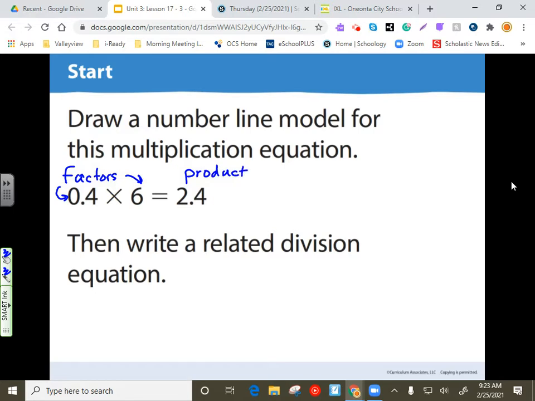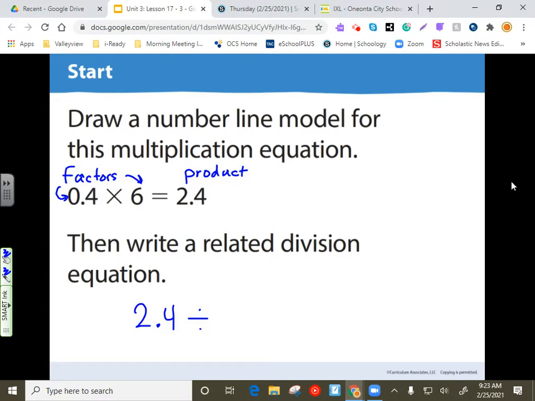Now, all those terms change when we take these numbers and put them in a different order for division. To do a division, you can take your product, which is 2.4, and that's going to be your dividend. And what's cool about this is you can take either factor and use that as your divisor.